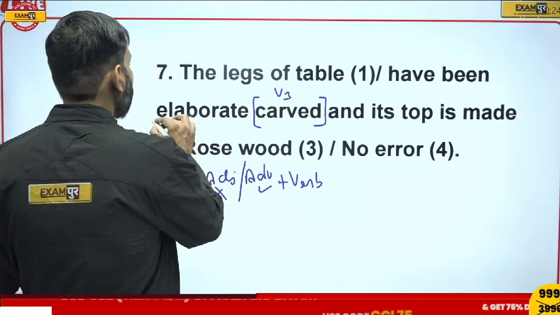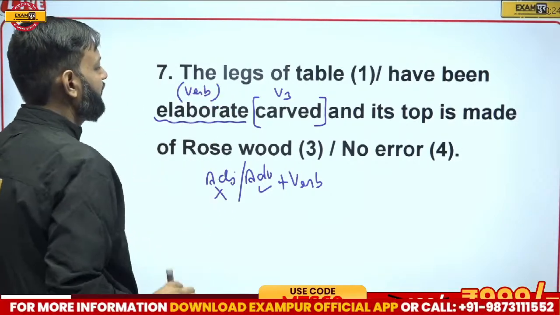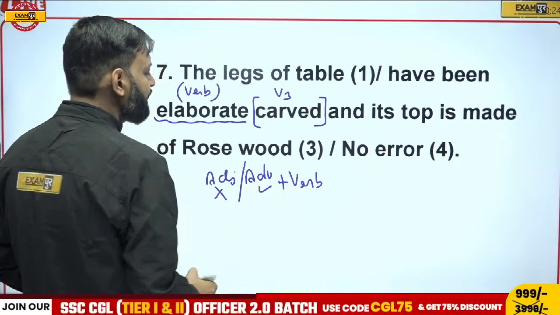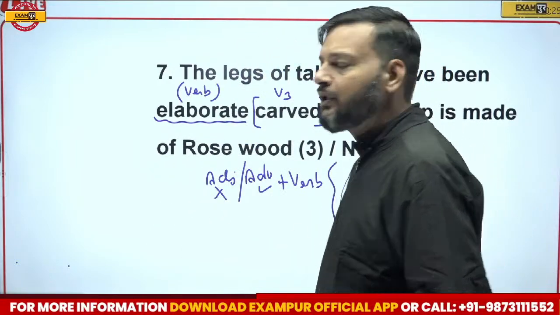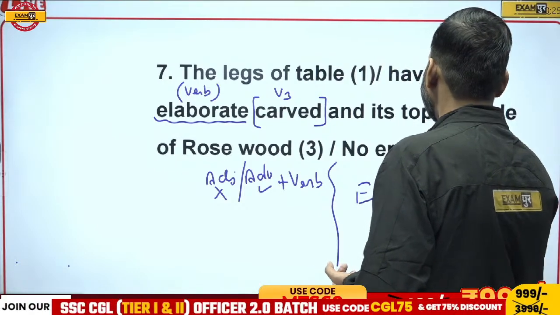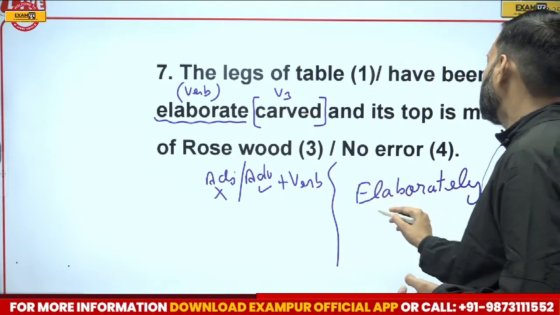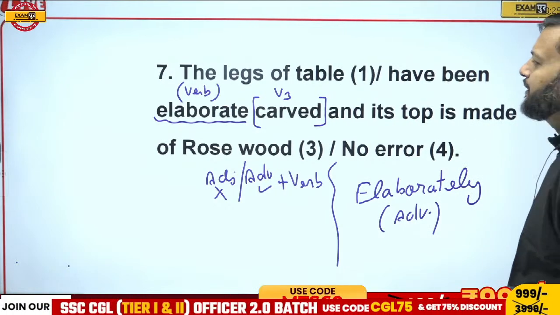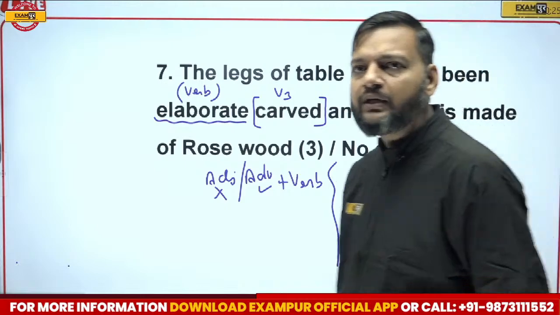But here the word elaborate is also a verb, and before a verb we need an adverb. So we need to change this elaborate into an adverb. So the right word would be elaborately. Elaborate is a verb while elaborately is an adverb.